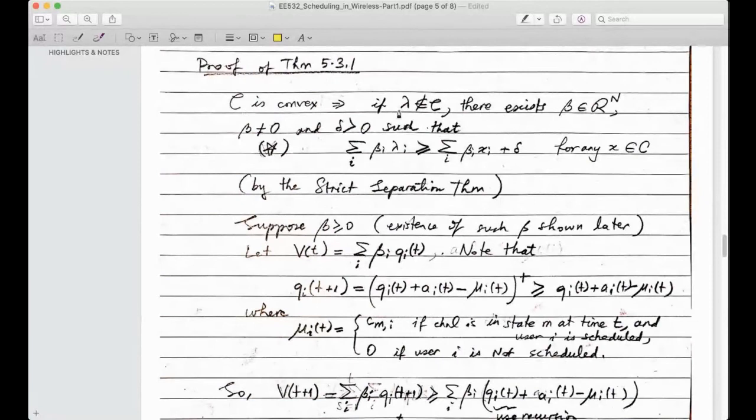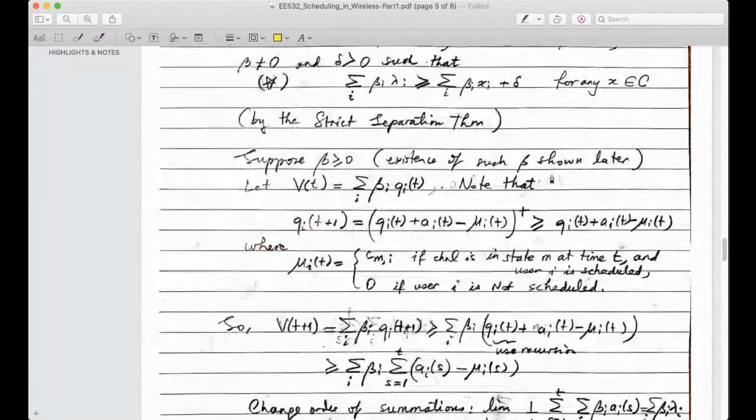If there is some point lambda outside this capacity region, then there exists a vector beta such that the sum of beta_i lambda_i is bigger than the sum of beta_i x_i plus delta for any x in C. This means that the points in and outside the region C are separated strictly.